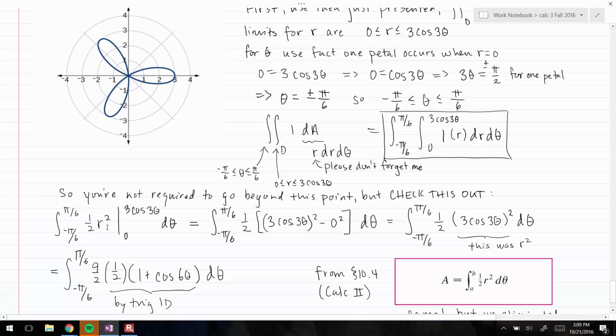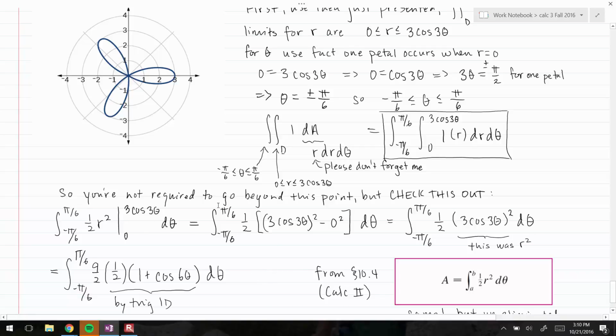A kind of cool thing happened here. I say here that you're not required to go beyond this point. I'd probably just have you set it up but not solve it, because sometimes this integral ends up being tough and requires a trig identity and trig integration.